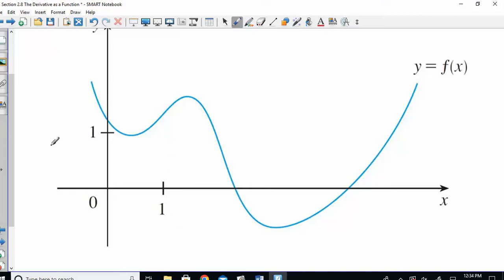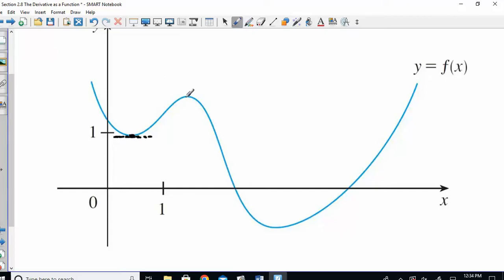Okay. It's only one. So let's start with some easy things. Right here, what would the slope of the tangent line be? I drew the tangent line. How do you know it's right there? Because the tangent line only hits it once. It's like following the shape of the graph.